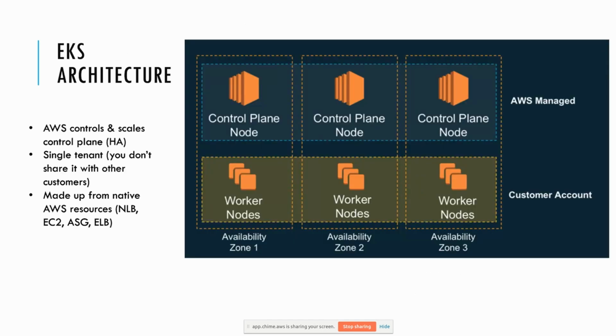Okay, so how does that actually translate to the EKS architecture? The sweet thing about EKS, probably the biggest benefit in my opinion, would be the fact that the control plane in Kubernetes, or the master node, is completely managed for you by AWS. So if you can think of all the cool buzzwords that we like about what AWS offers, those are all offered. It is highly available.